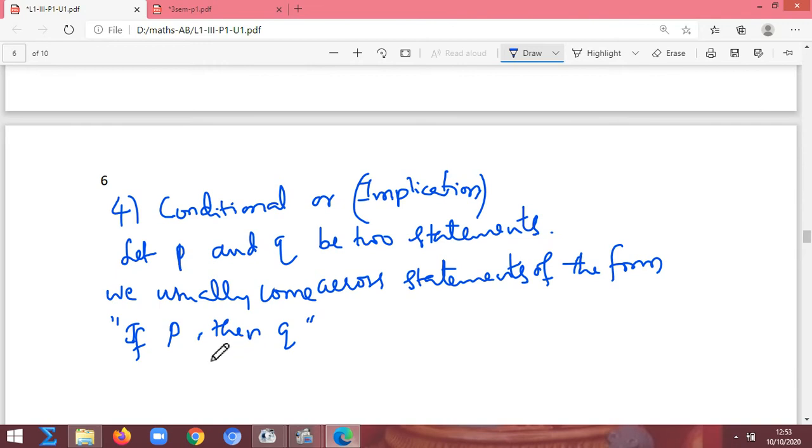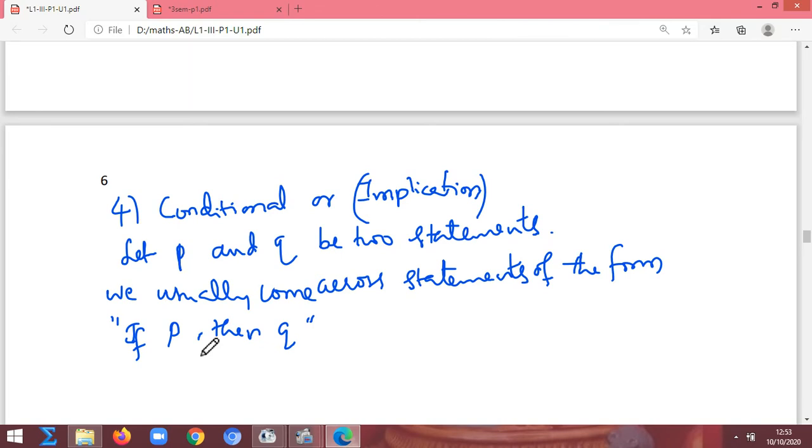For example, if p is 'today is Saturday', then q is 'tomorrow is Sunday'. If today is Saturday, then tomorrow is Sunday. Statement p is today is Saturday, statement q is tomorrow is Sunday. If two statements are connected by this logical connective, then we say that it is conditional.